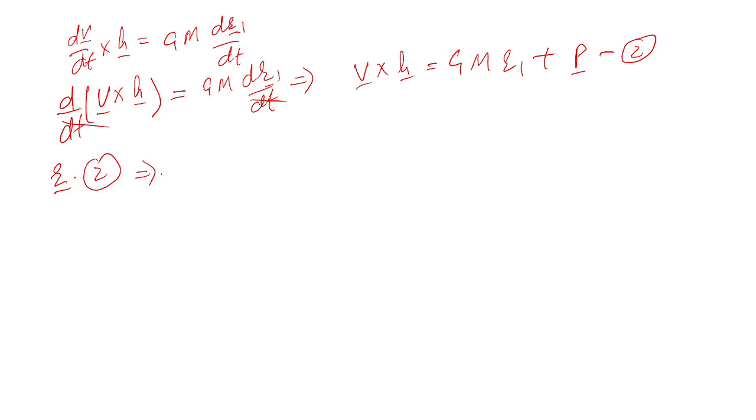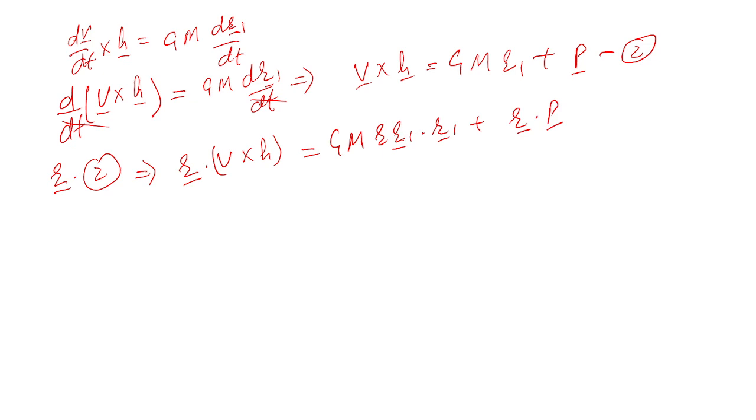So that will give me r dot v cross h is equal to, you see that this r can be written, so GM first I am writing this r, so that is r in the r1 unit vector, and dot with this r1, and plus r dot p.